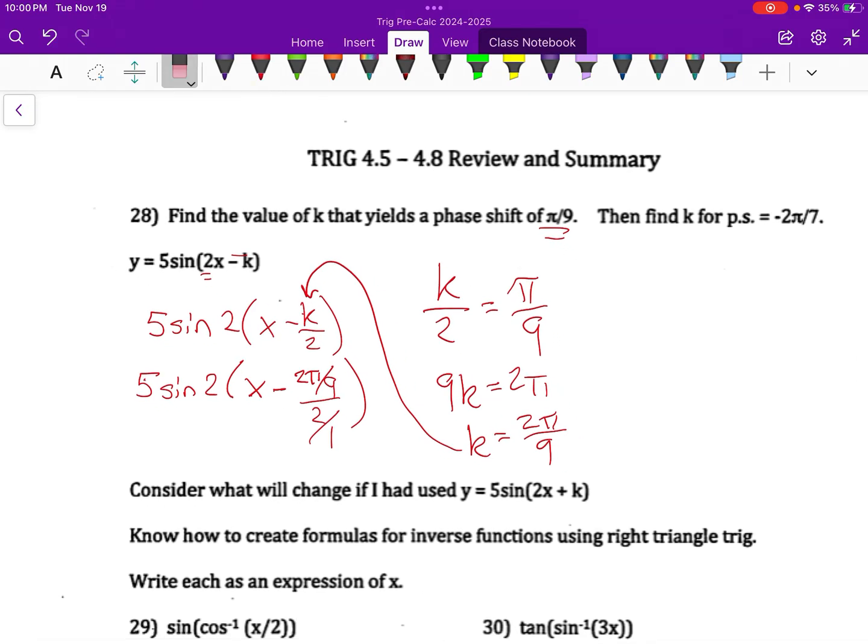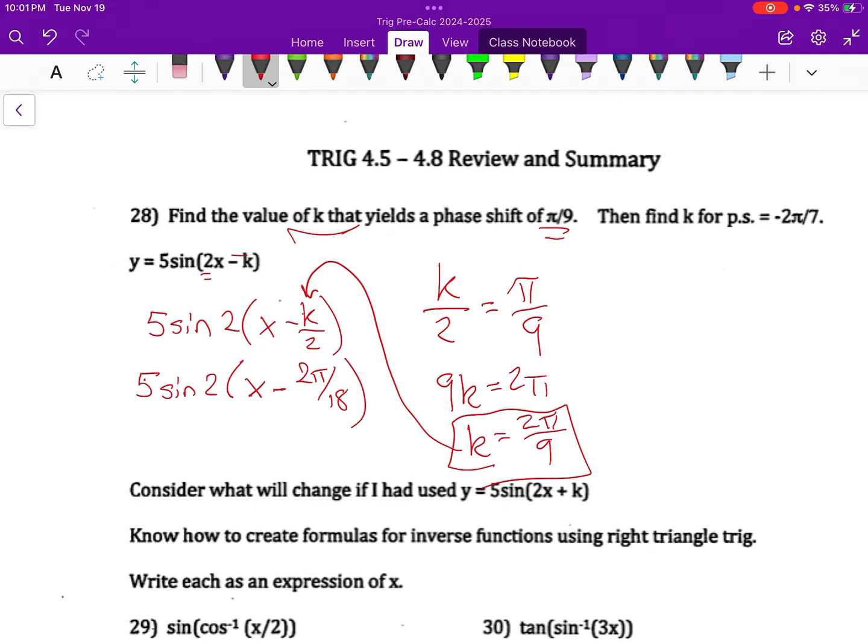And I think that whole thing is going to turn into 2 pi over 18, or pi over 9. Did I do that right? 2 pi over 9 divided by 2. Oh, good try. Pi over 9. Yeah. So if it's asking for what the answer is for k, this would be the right answer for it.